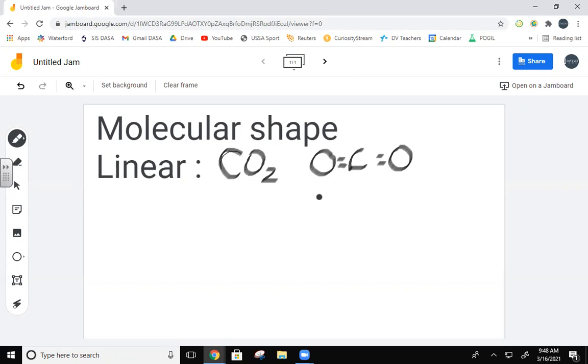Okay? So the way that we can draw that, let's do carbon is black, because in organic chemistry, carbon is black, like coal. Okay, and then bonded on the side, you have two oxygens.